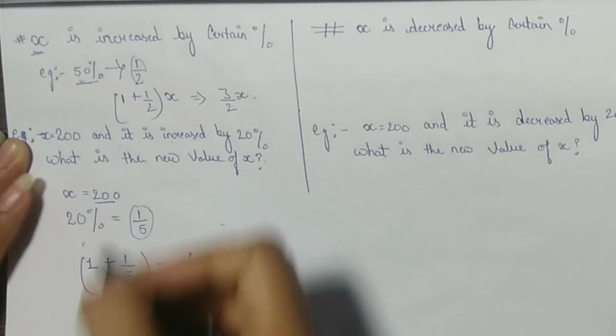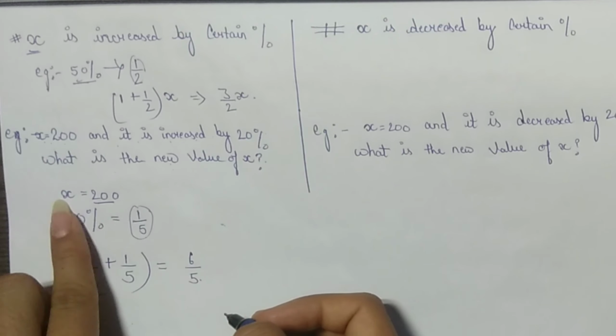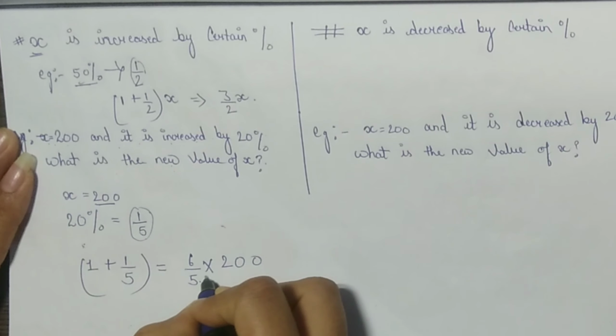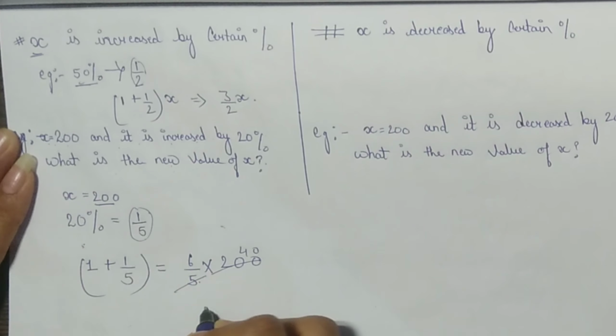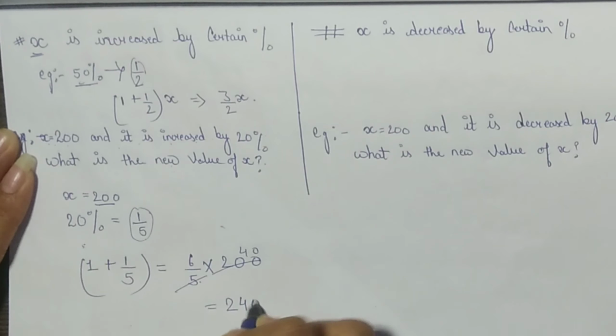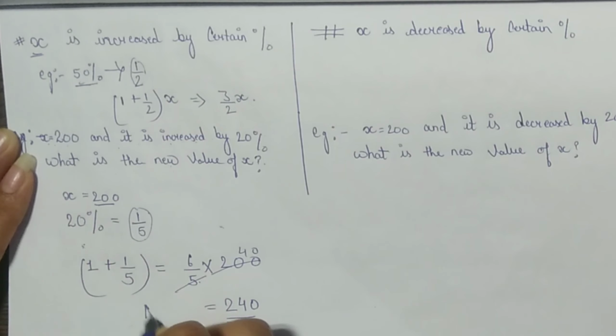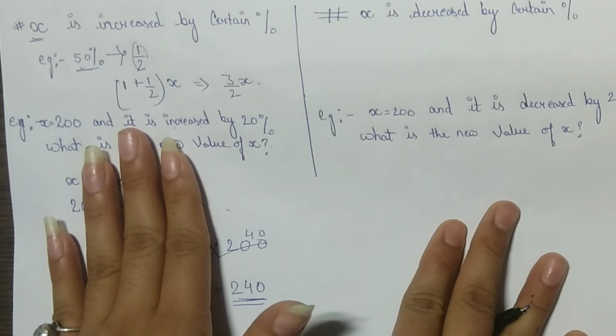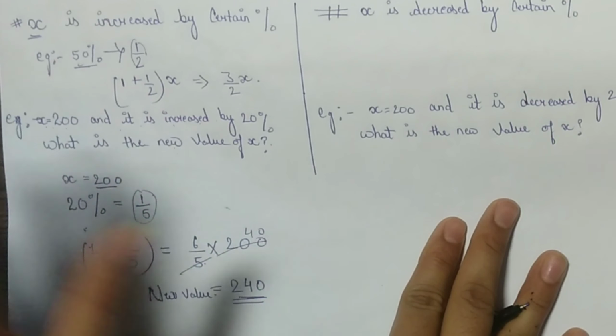Write down the value of X and multiply. And we get the new value, that is 240. The new value of X is nothing but 240.